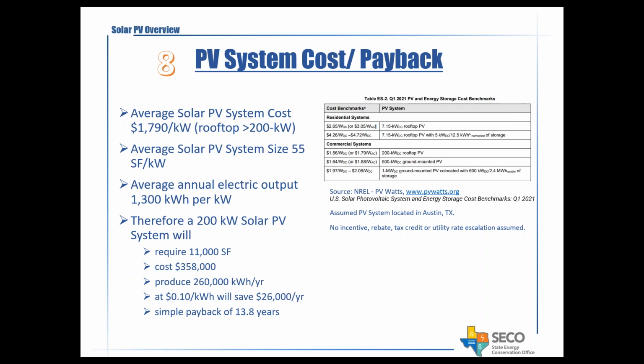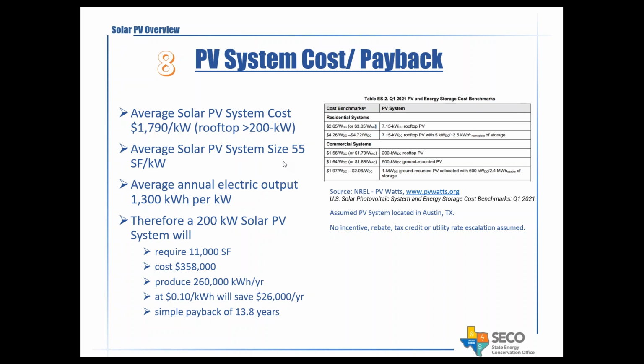the price to install a solar system has actually gone down about 10% from 2020 to 2021. That's pretty dramatic, and that 10% price decrease might help make these systems and paybacks more attractive or even feasible. So we did some preliminary calculations based on the NREL's published report, and what we found is that if you specify, for example, a 200 kW system on the rooftop, then you may have an average PV system cost of around $1,800 per kW, conservatively.